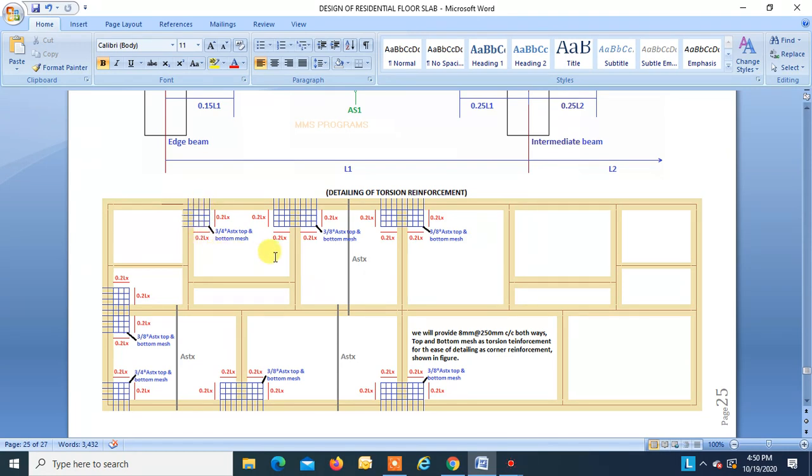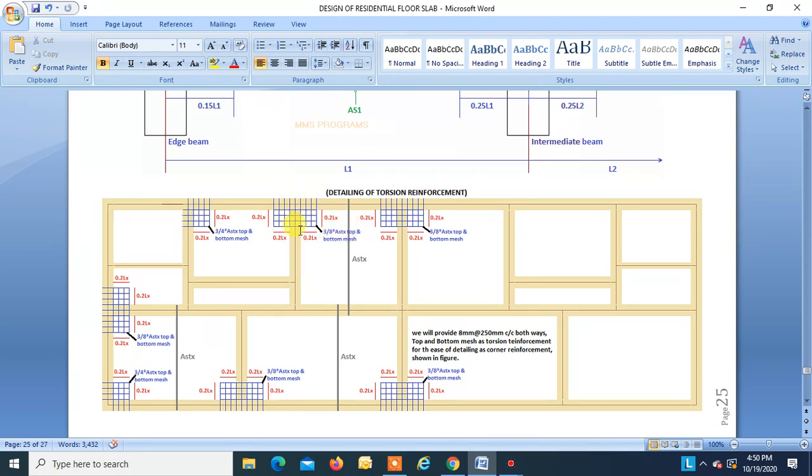But when the slab is continuous on one side, then over here you have to provide 3/8 of the Astx steel. This steel should be 3/8 of Astx, right?